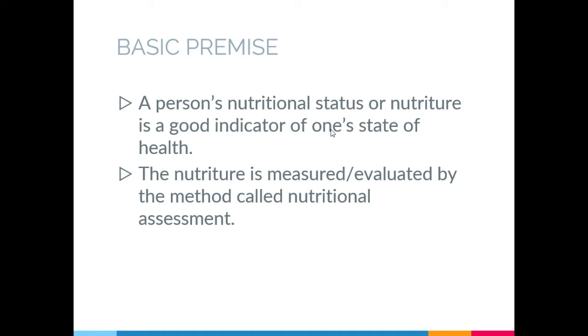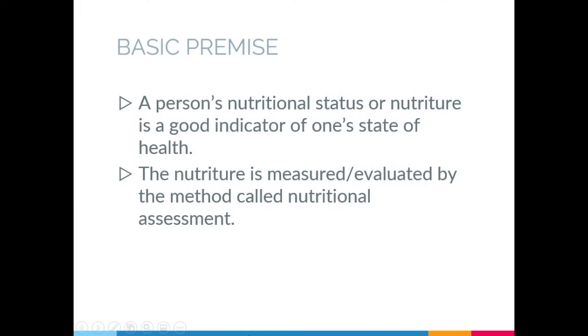If there is something wrong with that balance, then that would ultimately result to disease. One of the factors leading to an imbalance of homeostasis, or onset of disease, is poor nutritional status. So one of the prerequisites for health is optimal nutritional status.